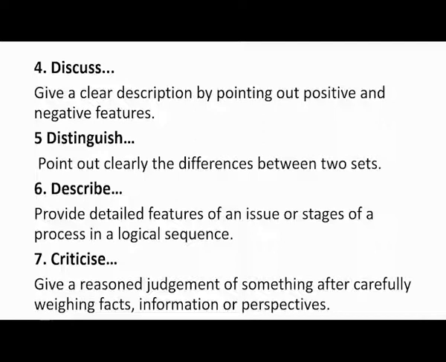Discuss, you should give a clear description by pointing out positive and negative features. Distinguish, you should point out clearly the differences between the two sets. Describe, you should provide detailed features of an issue or stages of a process in a logical sequence.